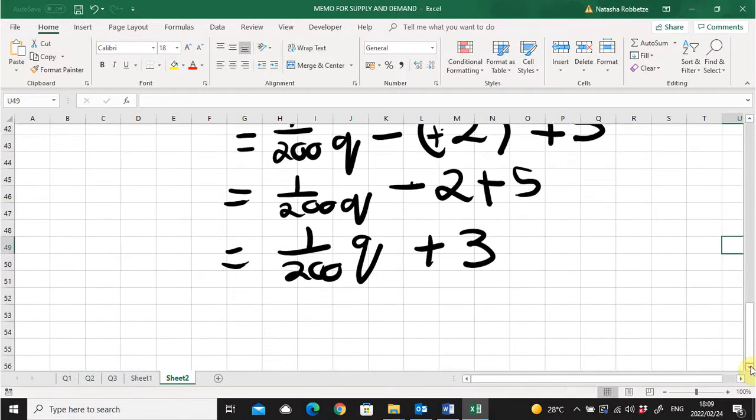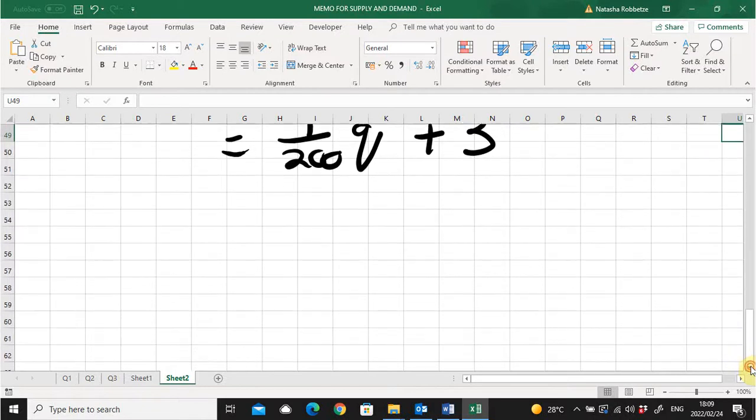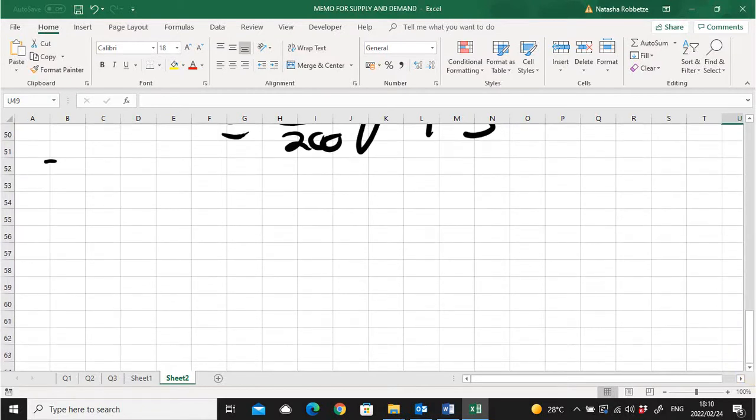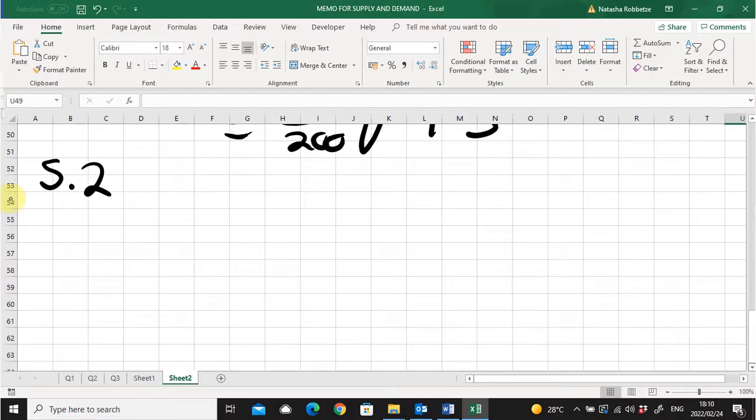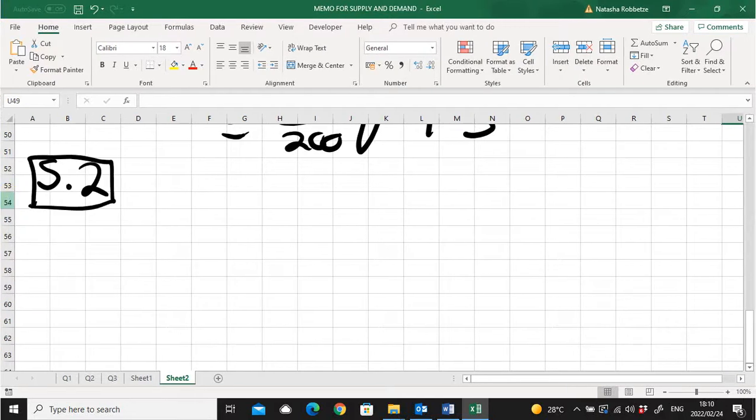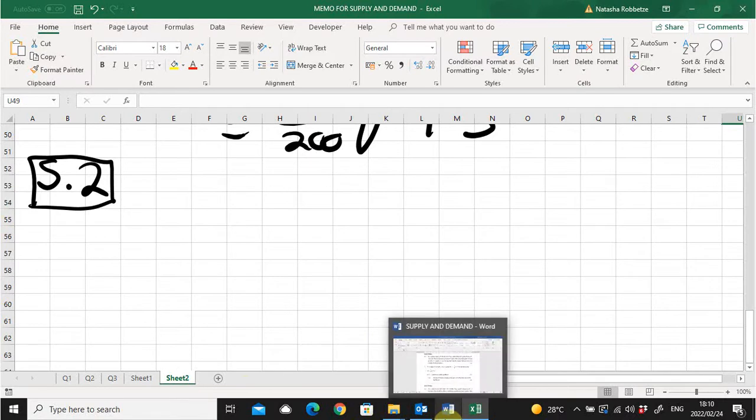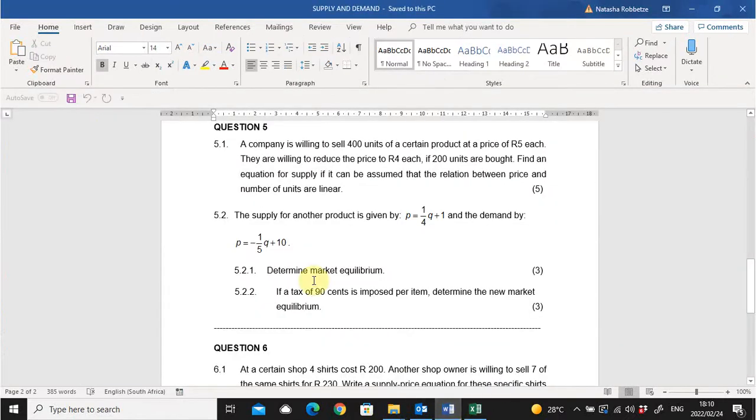Right, great. Let us progress to 5.2 then. For 5.2, I want us to read together. Now they have given us the equations.